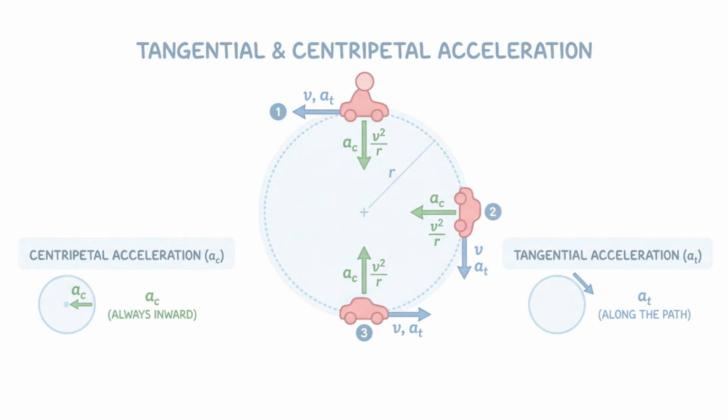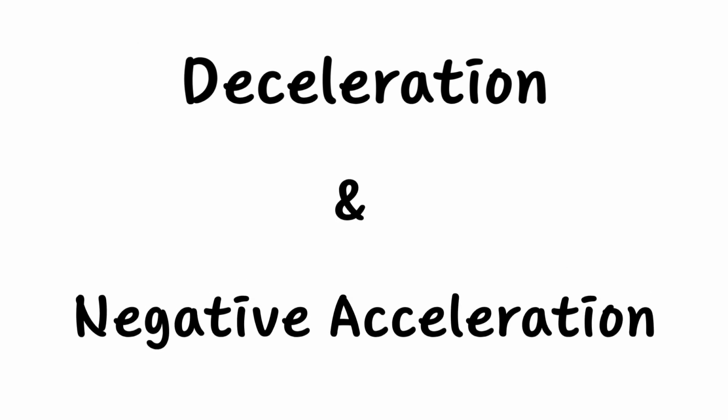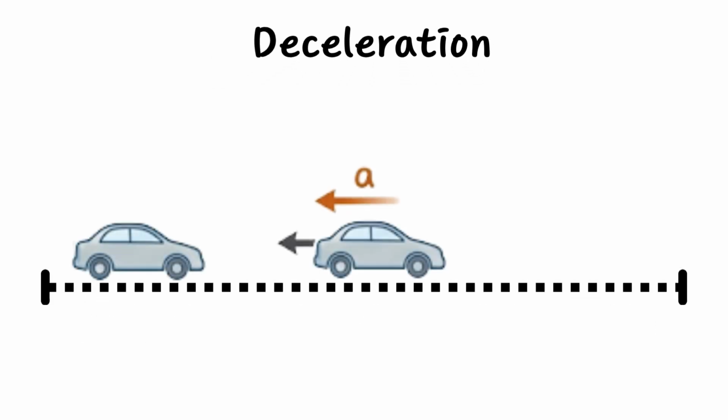Let's learn about deceleration and negative acceleration. There's a common misconception that deceleration and negative acceleration are exactly the same things. But in physics, they have different meanings. Deceleration or retardation always refers to an acceleration that points in the opposite direction of the object's velocity.